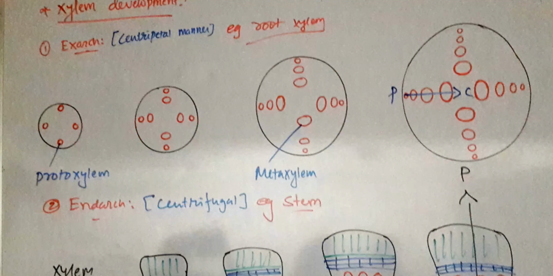Here you can make out that initially formed xylem units are narrow. These units are called protoxylem. These are nothing but the vessels of the xylem, but we call them the protoxylem vessels. Why? Because they are developed in the early stages of the life of the plant. They are narrow in diameter.